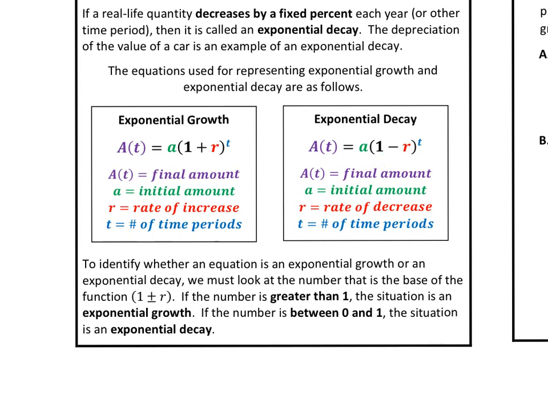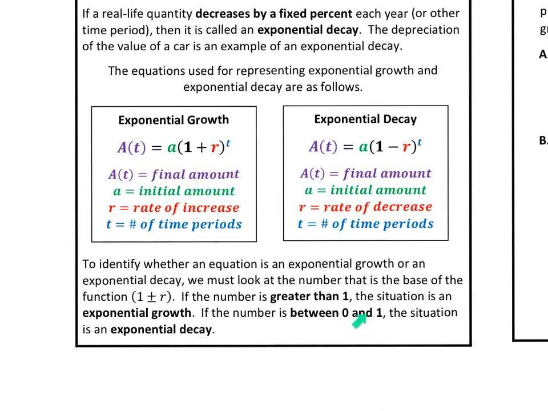And the last thing I want to talk about is how to identify whether an equation is an exponential growth or decay. We must look at the number that is the base of the function. So you notice we have a base in parentheses here, raised to a power of t. So this 1 plus r and this 1 minus r is our base. If that base is greater than 1, then we have an exponential growth situation. If the base is between 0 and 1, then we have a decay equation.